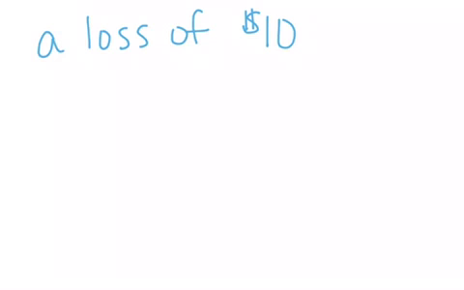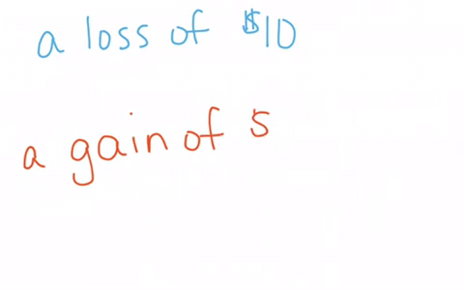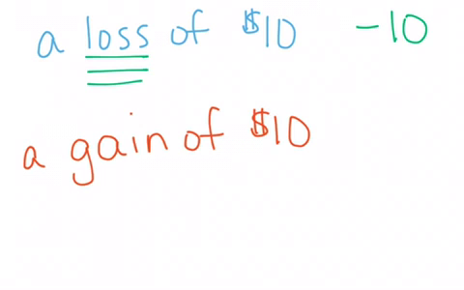Another phrase might say a gain of $10. So a loss of $10 would be represented by the integer negative 10, while a gain of $10 would be represented by positive 10.